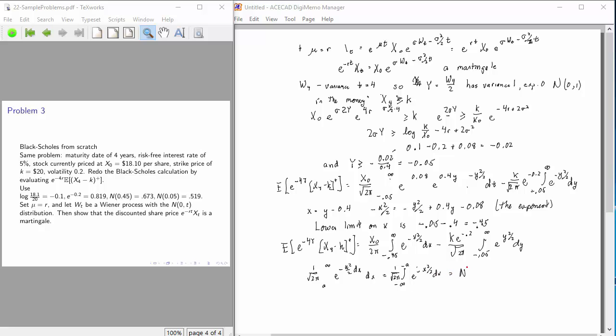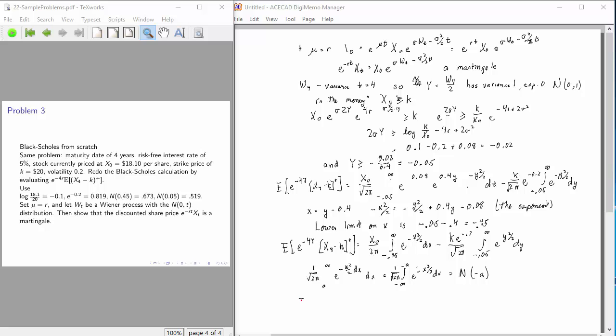In other words, you get the function N of minus a. And in the pre-computer era, people carried around with them a nice table of the values of this function because it can't be expressed in terms of elementary functions. These days, you just use something like R to calculate it.